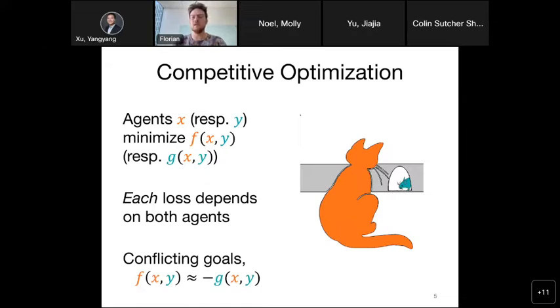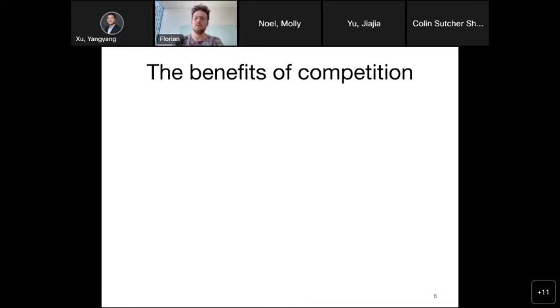And we are mostly interested in the case where these agents have conflicting goals, meaning that an outcome that is good for one of the agents is bad for the other and vice versa. Now, this is a much less common or popular framework than ordinary optimization.